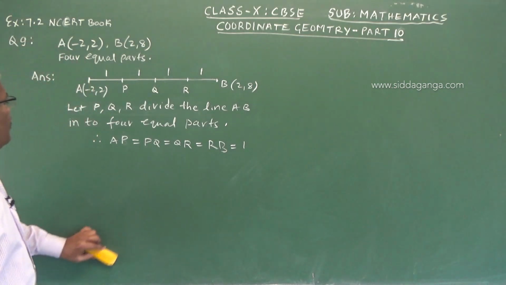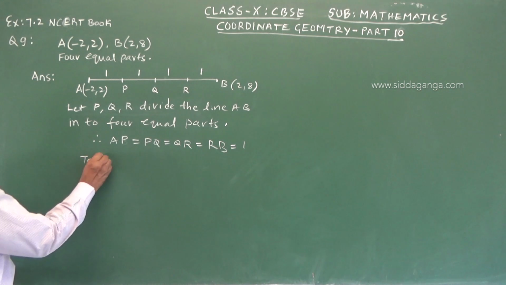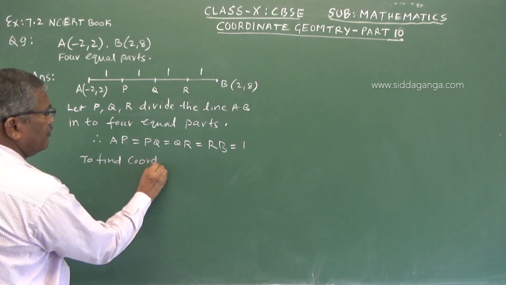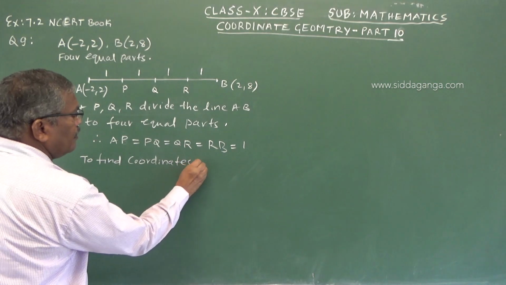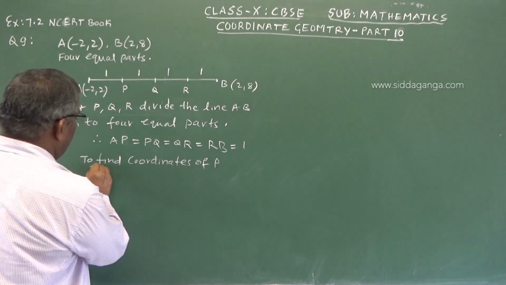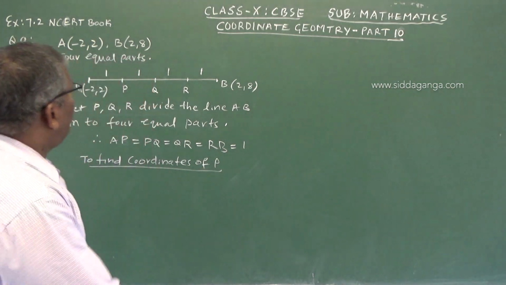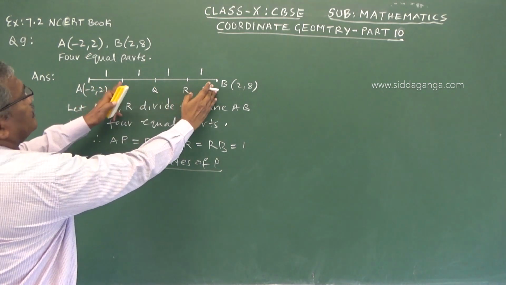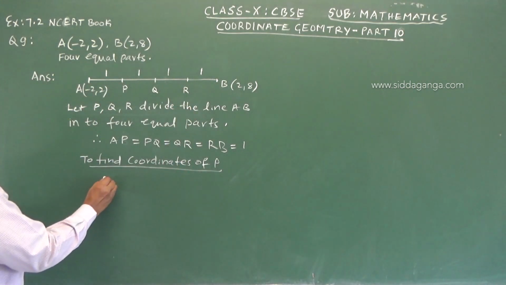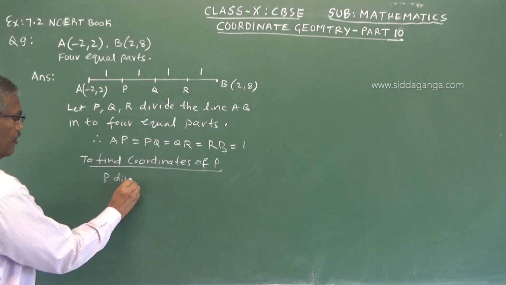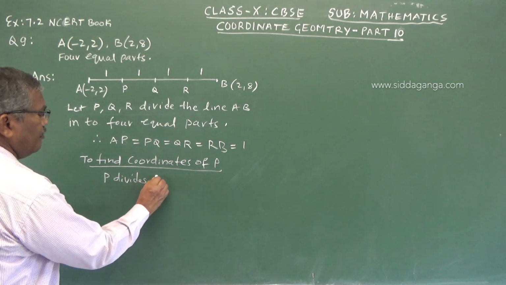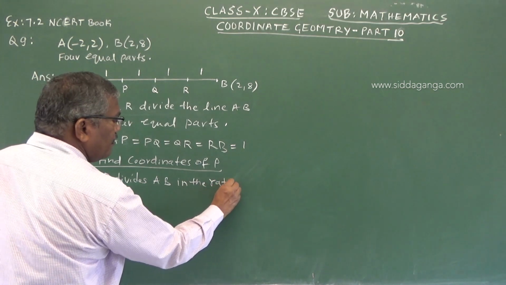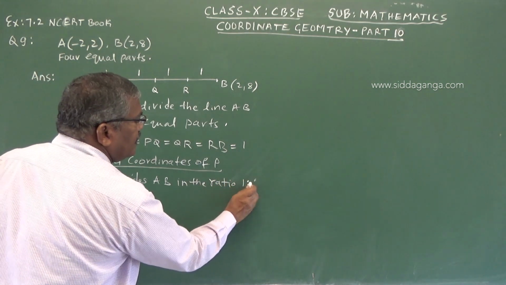So now to find the coordinates of P. Now observe here, P divides AB in the ratio 1:3. So P divides AB in the ratio 1:3.